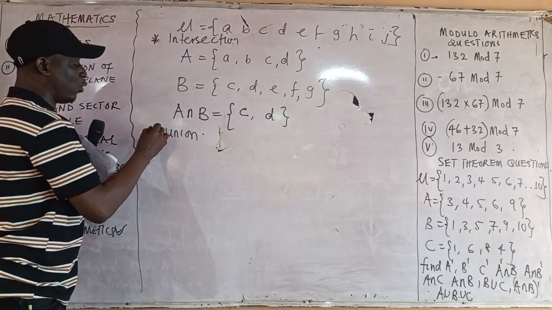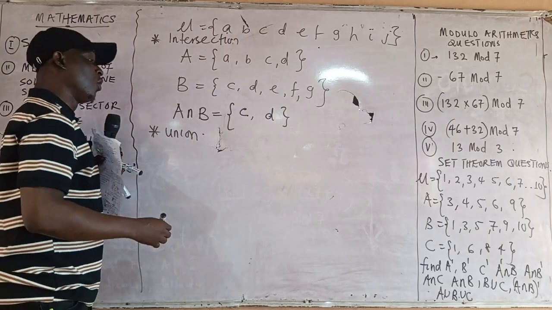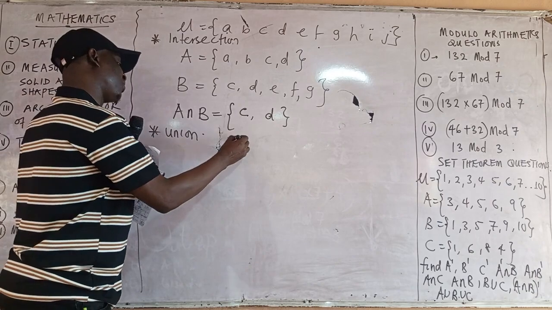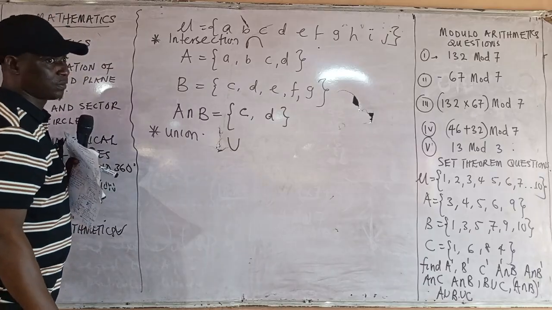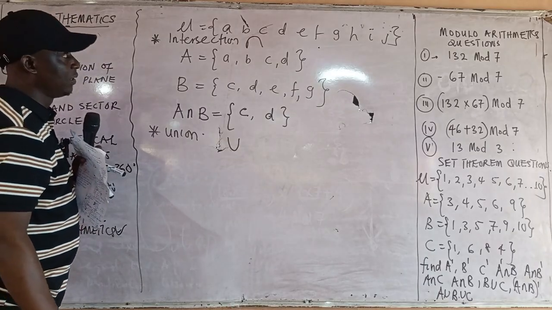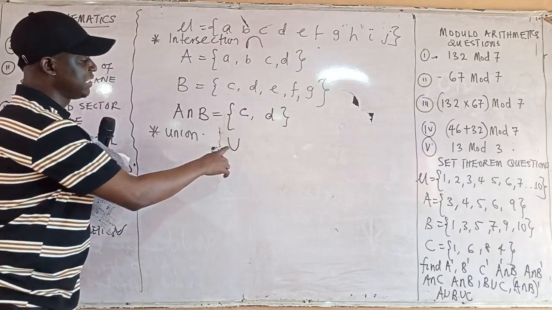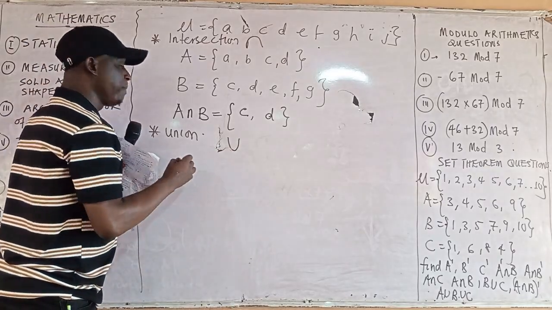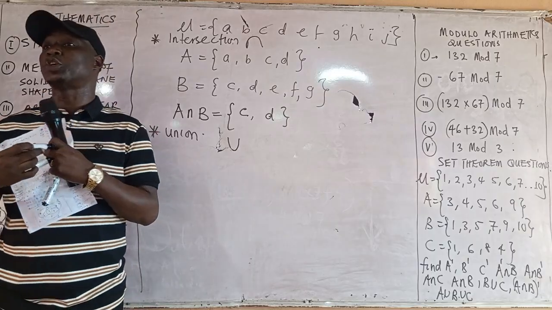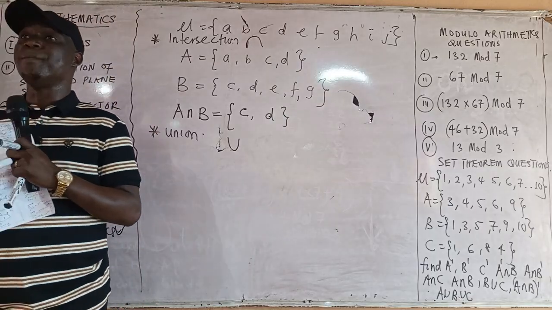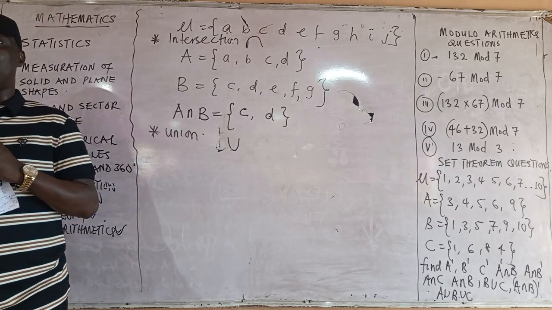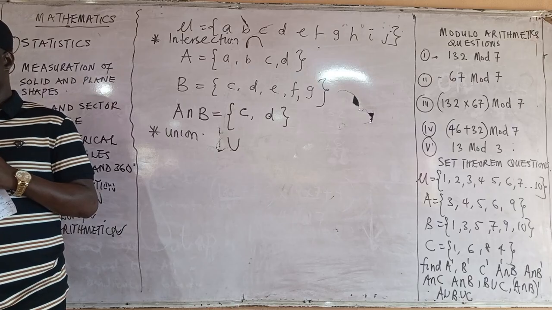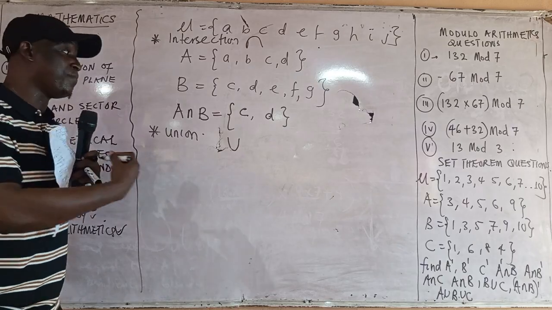Another term you need to know is union. Union is also commonly used, and the symbol is U. It means selection of all elements from A and B without repetition.